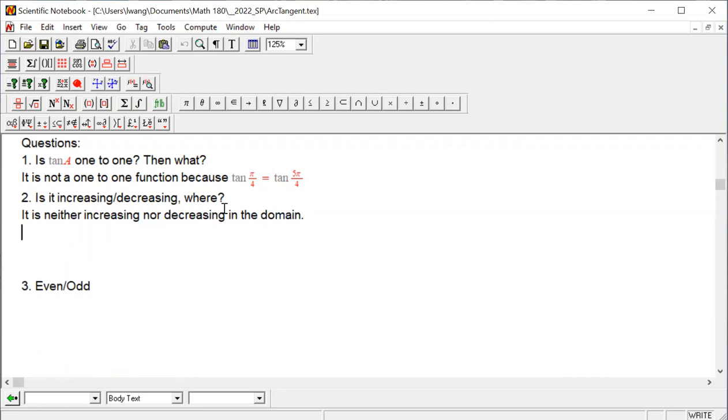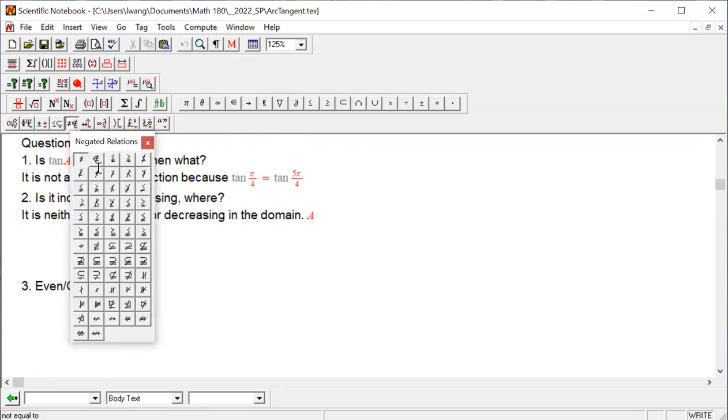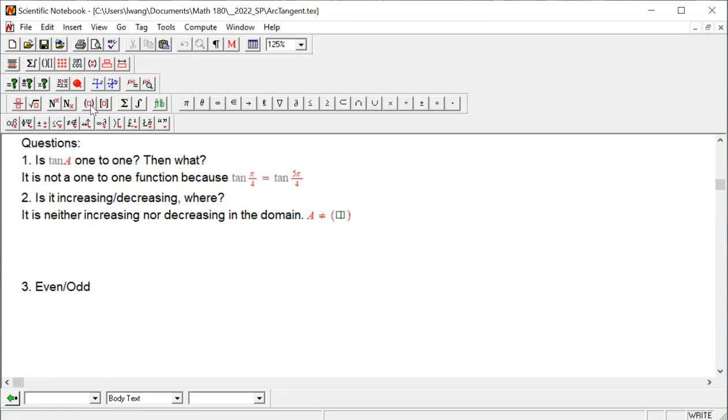So what is the domain? The domain, of course, is x, where the angle cannot be odd number multiples of pi over 2, that is, (2k+1) pi over 2.